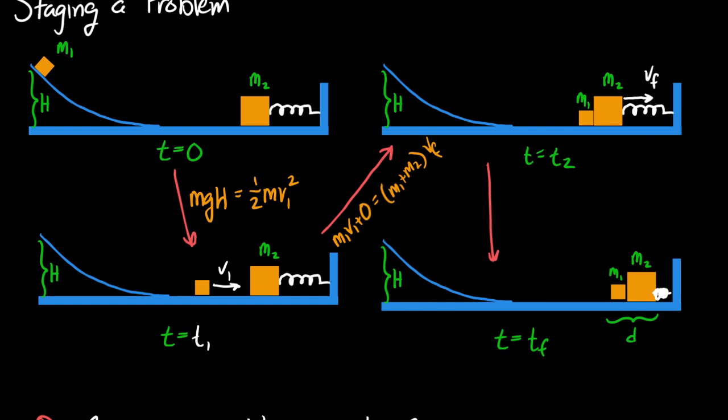That's the instantaneous moment before the collision and the instantaneous moment after the collision. That's from T1 to T2. And then from T2 to T3, or in this case, T final, the spring is compressing. So you have to be careful here because we do have kinetic energy right after the collision. But both boxes are moving, and they're both being acted on by the spring.